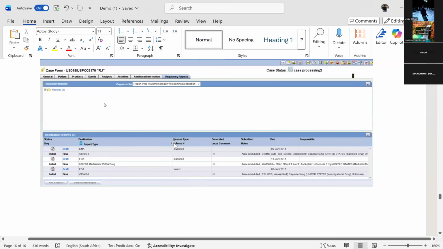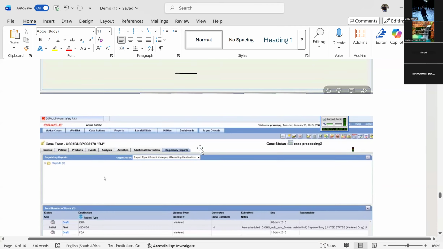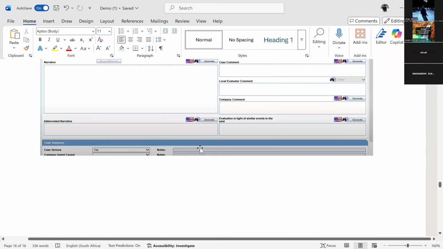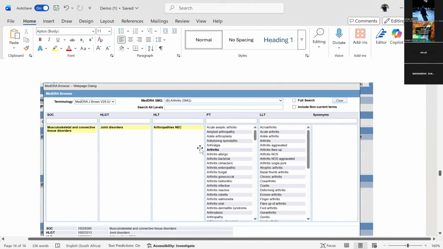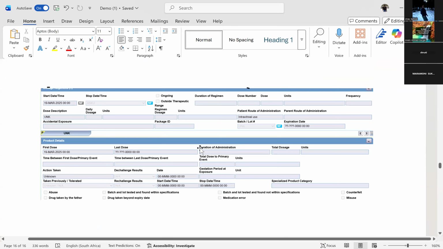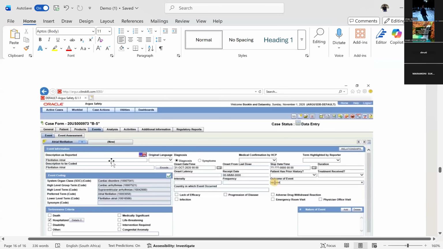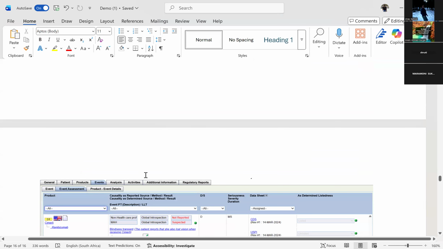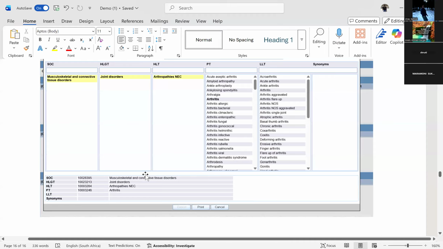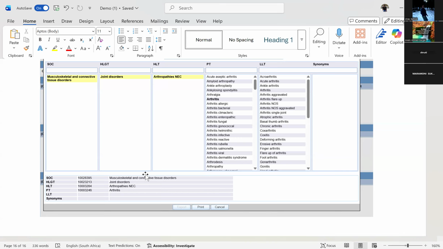And whenever information is entered in the product and event tab, like what is the product, what is the event, and what is the causality, the event assessment from here, it triggers a reporting rule scenario, like whether the case meets the expedited criteria or non-expedited criteria. Okay.